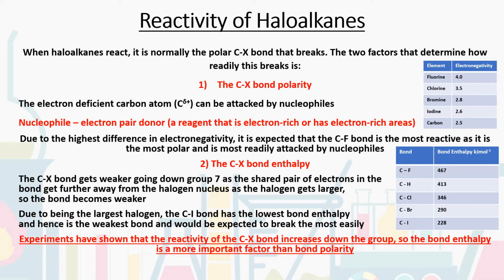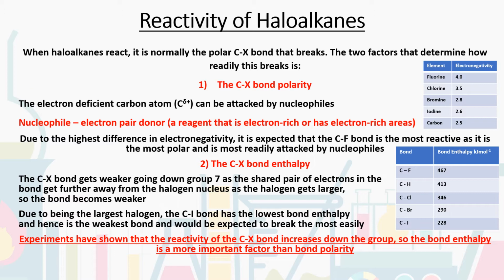So we can then look at the reactivity of haloalkanes. When haloalkanes react, it's normally the polar C-X bond that breaks. And there are two factors that determine how readily that breaking occurs. The first is the polarity of the C-X bond, which is to do with the electronegativity. Looking at the Pauling scale, carbon is 2.5.